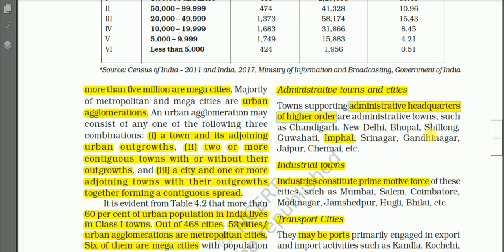Examples of administrative towns are Chandigarh, Delhi, that is New Delhi, Bhopal, Shillong, Imphal, Srinagar, Gandhinagar, Jaipur, Chennai. That means all the state capitals in India are administrative towns and cities.